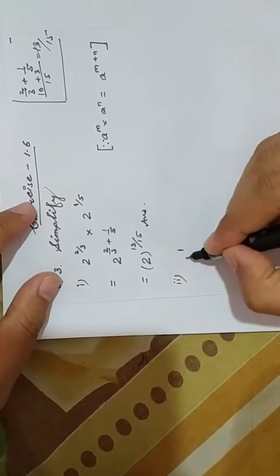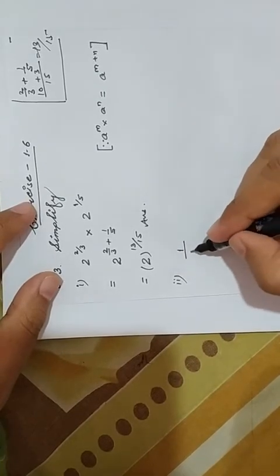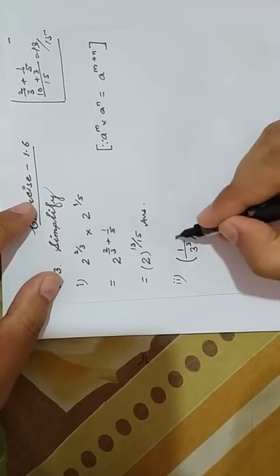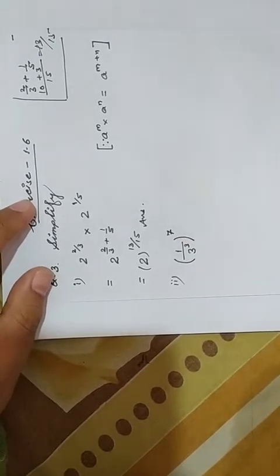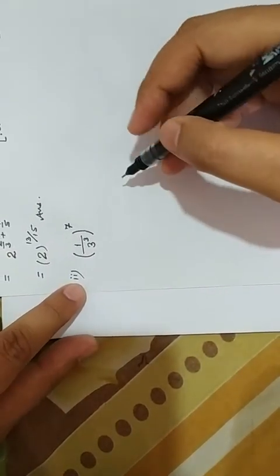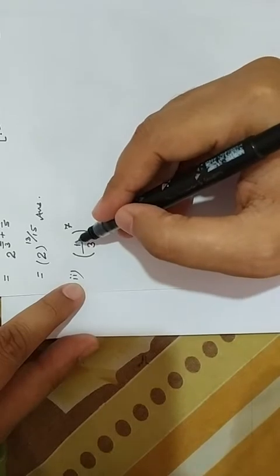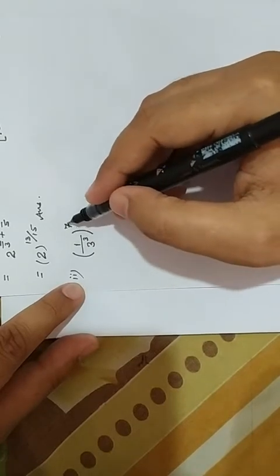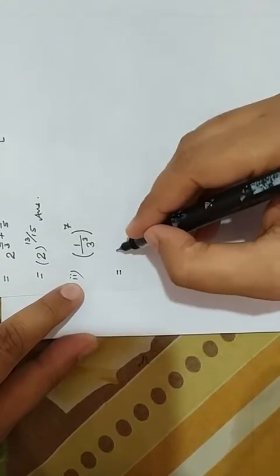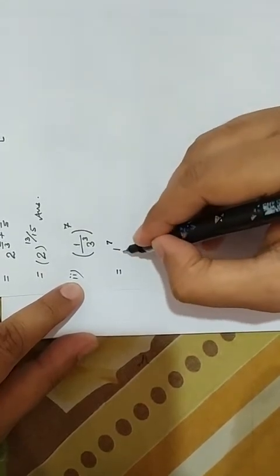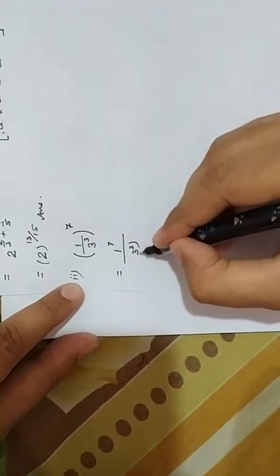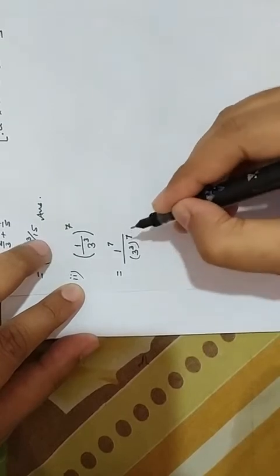Given is 1 upon 3 cube, whole to the power 7. So we have an identity: if a upon b whole to the power n, this will be expressed as 1 to the power 7 upon 3 cube to the power 7.